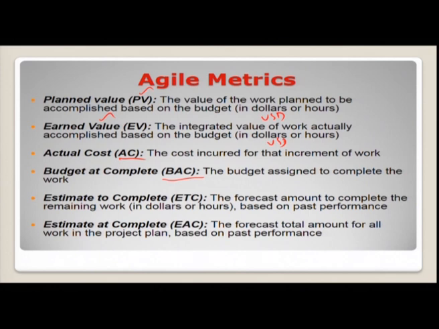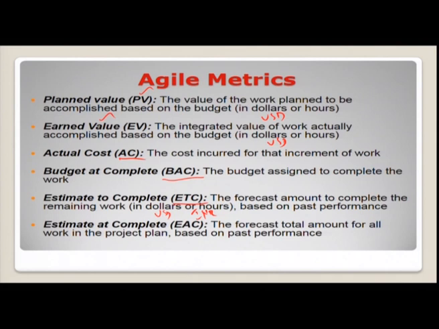Next is the estimate to complete, which is nothing but ETC. ETC denotes the forecast amount to complete the remaining work in terms of US dollars or hours based on the past performance. If it is our local project, it will be in terms of INR, Indian rupees. Next is the estimate at complete, which is EAC, the forecast total amount for all the work in the project plan.